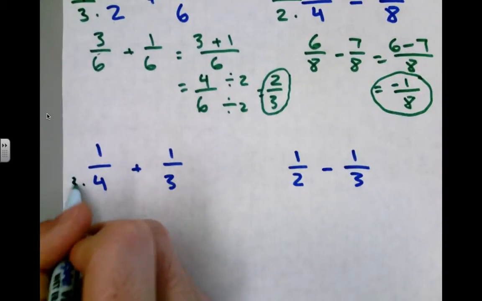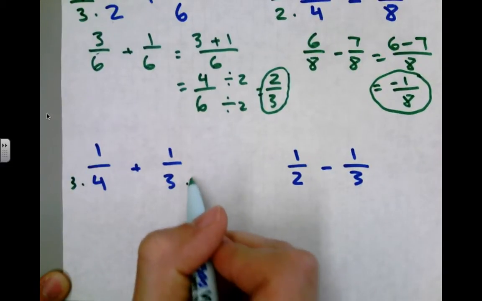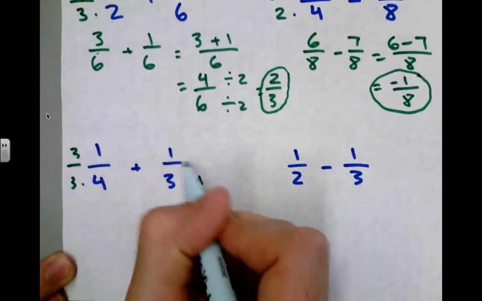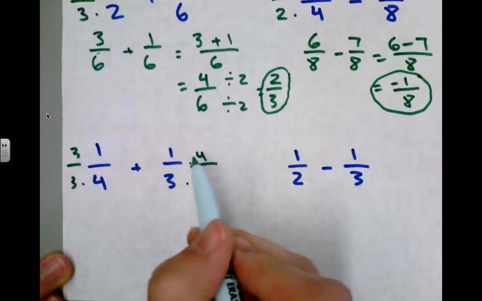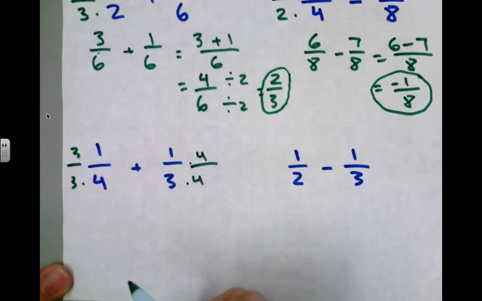4 times 3 is going to be 12. If I multiply 3 by 4 over here, these are going to give me common denominators. They would both end up being 12. So just like the problem before, I multiply the top over here by 3, and then multiply the top over here by 4, because I multiplied the bottom by 3 over here, and 4 over here.